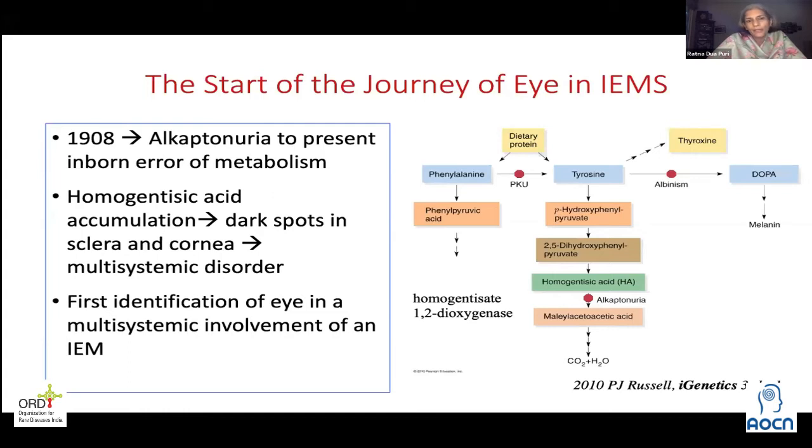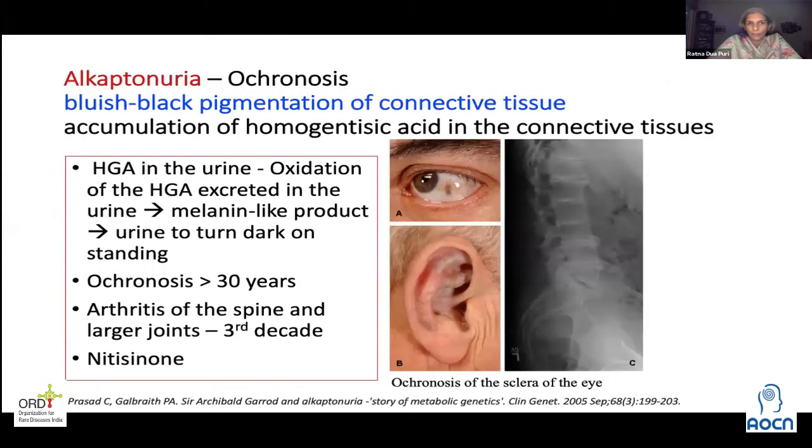This was the first identification of the eye as a part of a multisystemic involvement in an inborn error of metabolism. So alkaptonuria is really associated with ochronosis, which is this bluish and black pigmentation of the connective tissue, whether it is in the eye or over the ear. And it is because of accumulation and deposition of homogentisic acid.